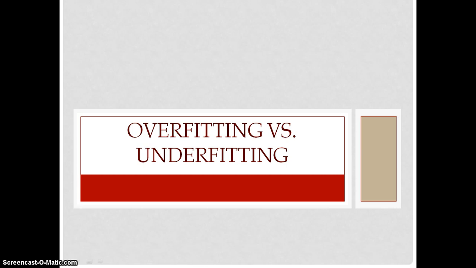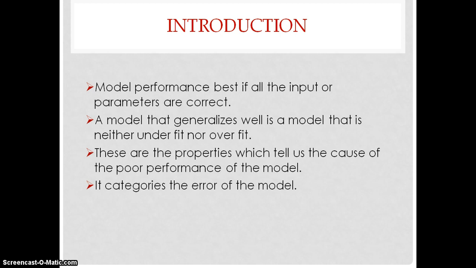So these concepts are also related with the video that we have seen previously, that is the factors that are affecting the model performance. Okay, so we will see further. The model performs best if all the input or parameters are correct. If the data is large, then it will provide some different result. If it is incorrect, then it will provide the different output.